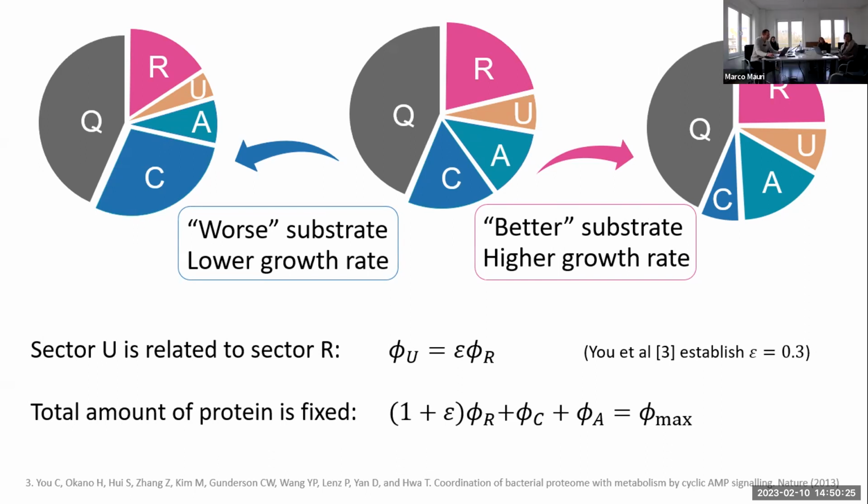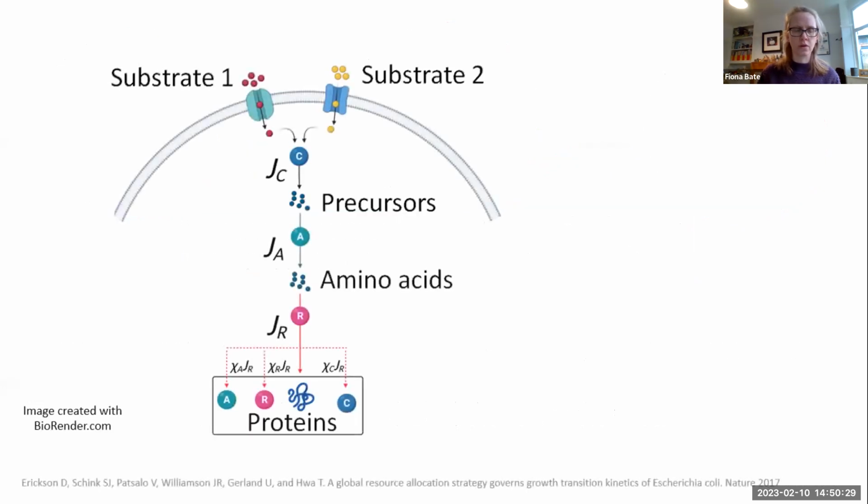Okay, right. So this is just a schematic of the core mechanisms that we represent in our model. External substrates are brought in to the cell and are broken down by the catabolic enzymes into precursors.